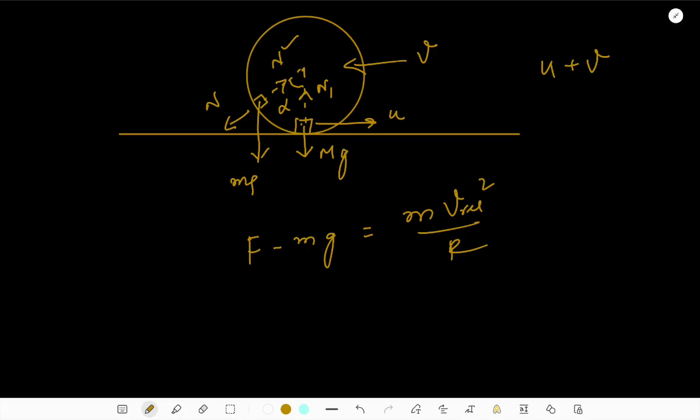It is a point, so its equation of motion is going to be simply net force equals mass into acceleration. And I guess in this case the only force acting along the horizontal is this component of the normal. And since this angle is alpha, this angle will become 90 minus alpha accordingly.